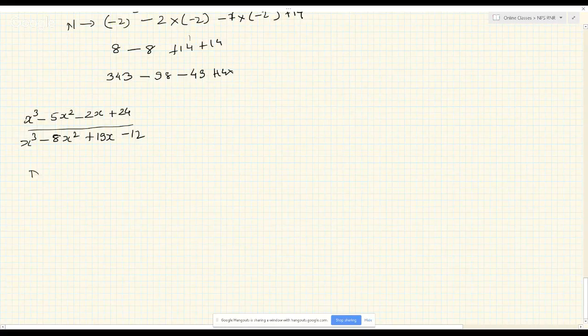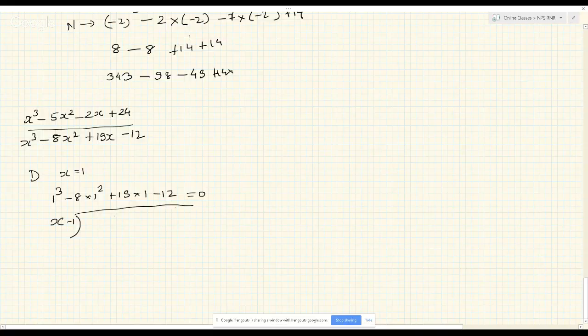If you put x equals 1 in the denominator, you will get 1 cubed minus 8 into 1 squared plus 19 into 1 minus 12, which is 1 minus 8 plus 19 minus 12 equals 0. So that means x minus 1 is a factor of the denominator.